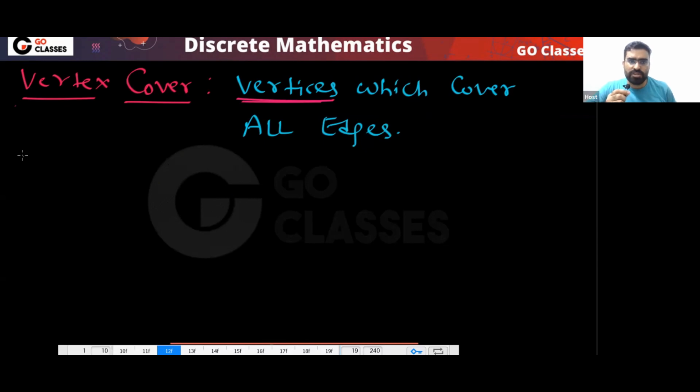So let's assume there is a museum. You have some hall, let's assume. Now in this hall, what do you have?